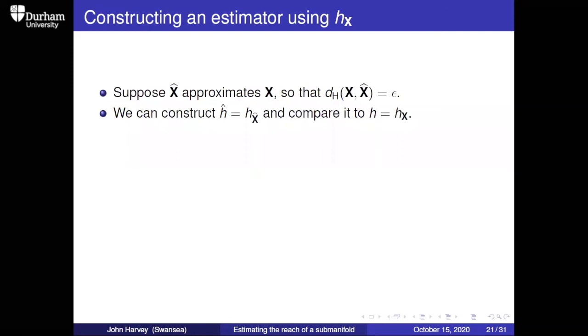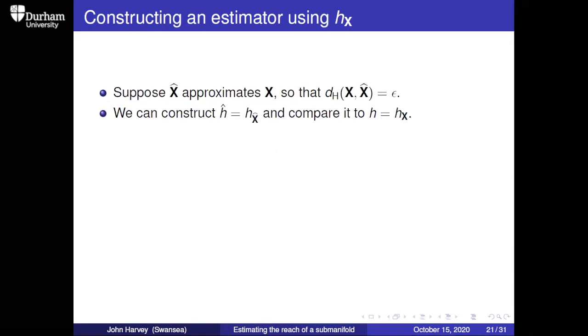Okay, so how can you use all this to estimate the reach? And the trick is to find some x hat that lies near the submanifold X. And there always is some way of choosing an x hat, because if you've got a lot of points, then there'd be nowhere on the submanifold that's very far away from one of your sampled points.